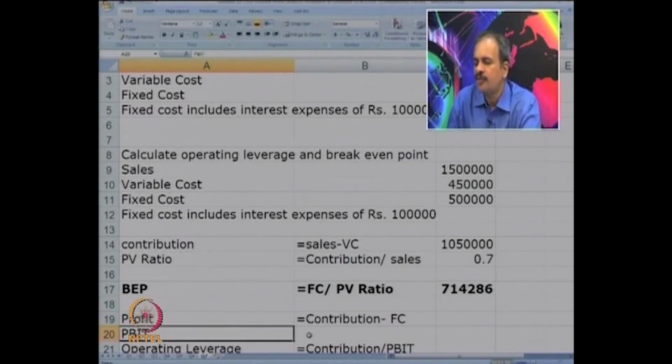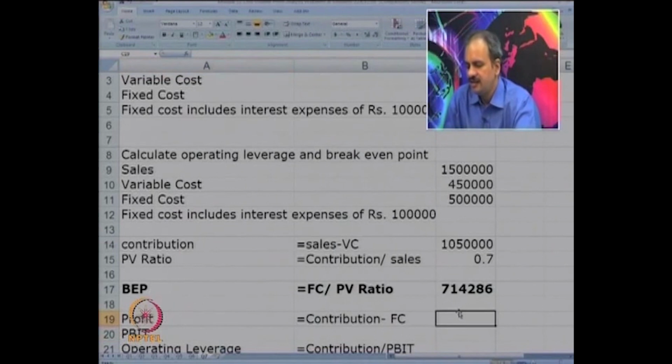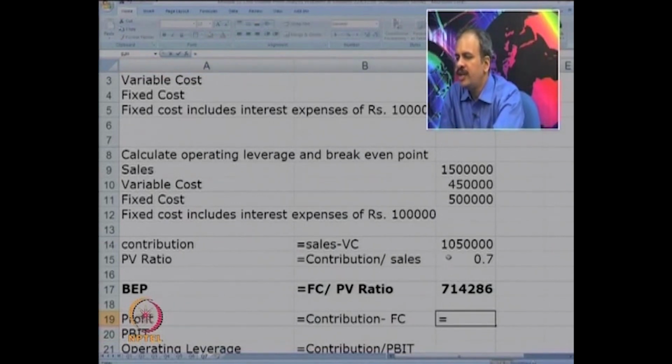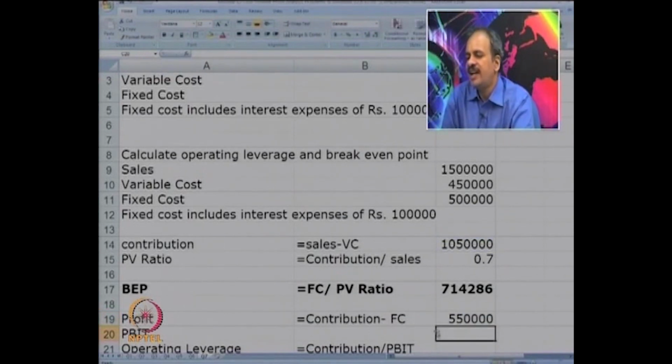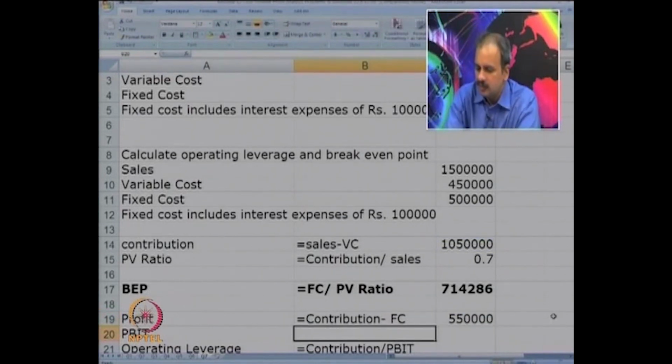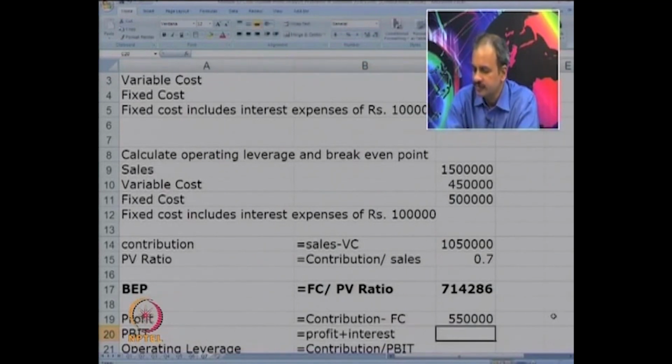We know that profit is contribution minus FC. So we have contribution minus fixed cost, 5,50,000 is our total profit, but here we want to know profit before interest. Anyway, the taxes are not given, so we will take profit plus interest, which is 1 lakh. Sorry, it's not given, I'll just enter it.